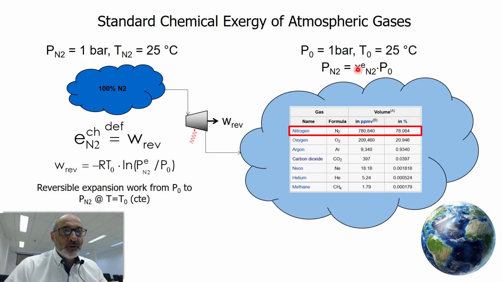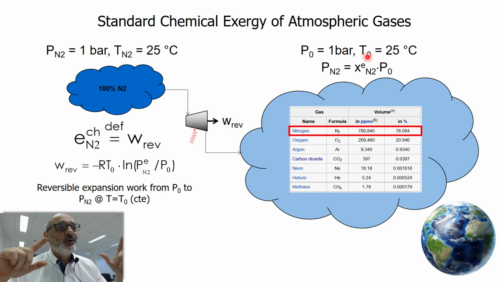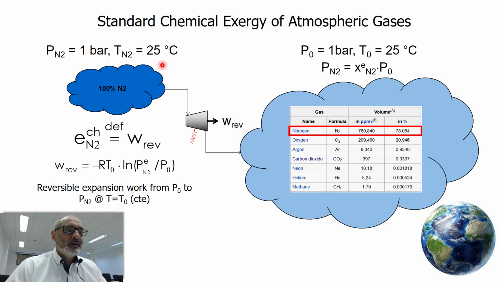The total pressure is the same, 1 bar, and the total temperature is also the same, 25 degrees and 25 degrees. So this expansion is isothermal, and this means it's going to absorb heat, no problem.